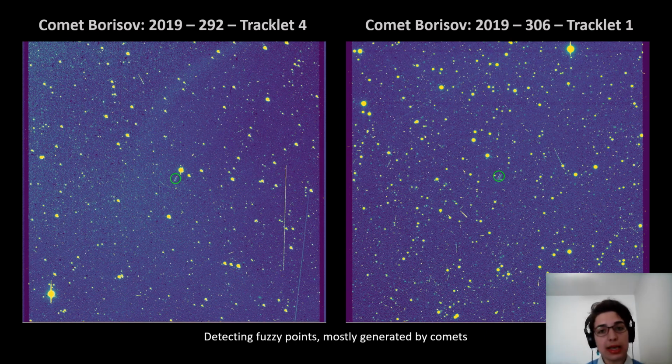The proposed technique is robust in cases of having fuzzy moving targets. These fuzzy targets are generally generated by comets in space images and are challenging to be distinguished from noises. These two images are results of the recently discovered interstellar comet Borisov.